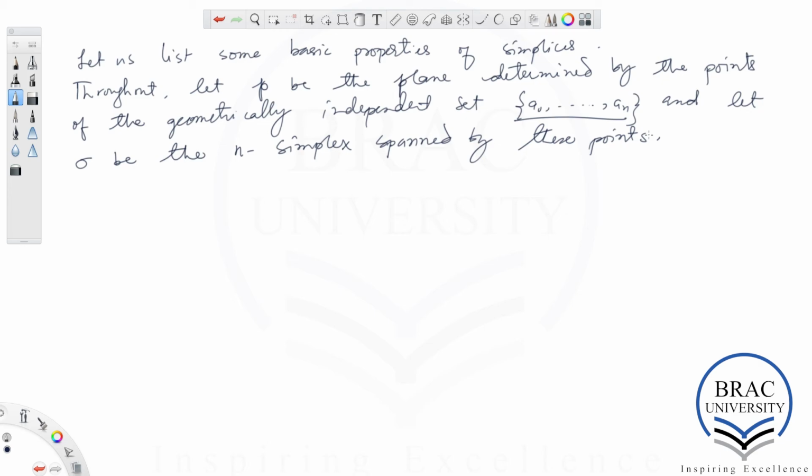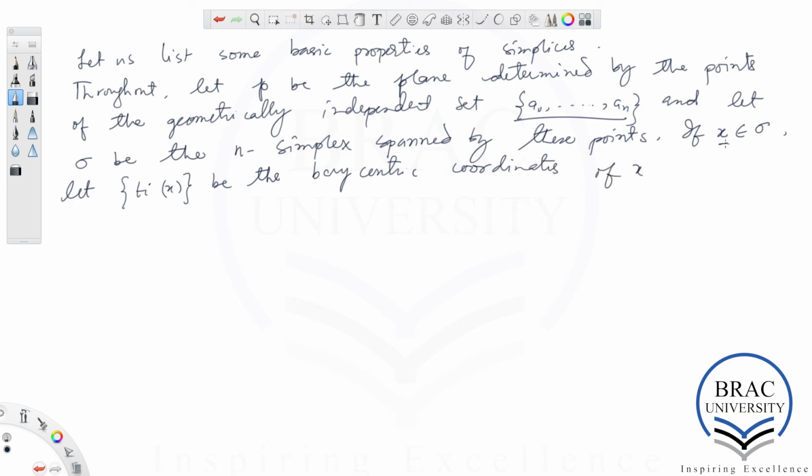Okay, if x is a point in this n simplex, let Ti of x be the barycentric coordinates of the point x.